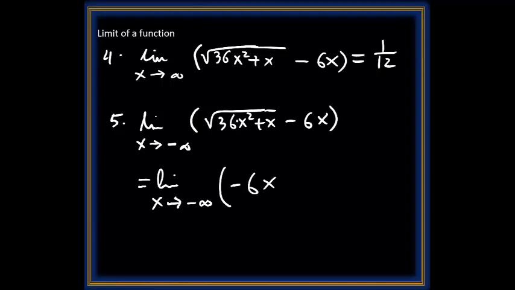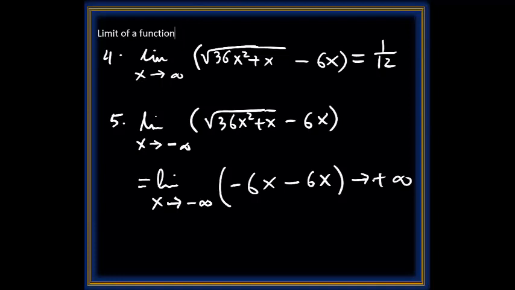The reason is x itself is a negative number, so we need to put another negative to make it positive. If you look at here, this gives you negative 12x. So when x approaches negative infinity, this one approaches positive infinity because we have negative 12x. So that negative, again, this one will convert to a positive number.